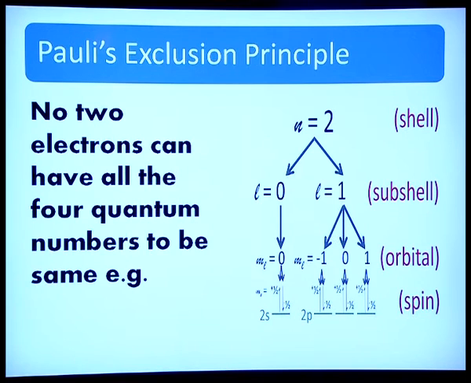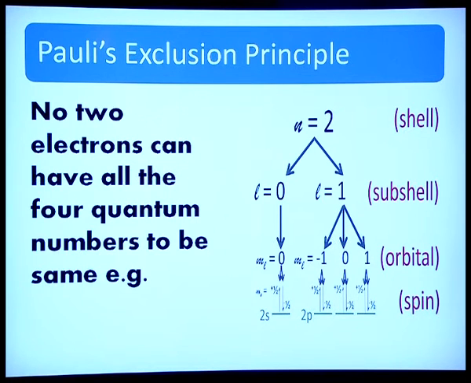Now we come to another principle for filling the shells, the Pauli exclusion principle. This principle states that no two electrons can have all 4 quantum numbers the same.